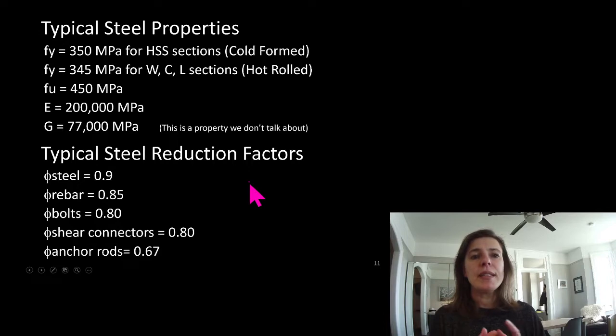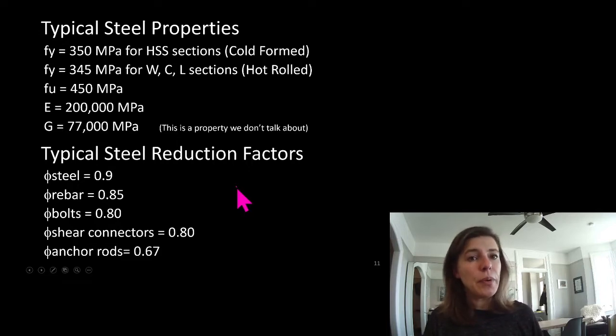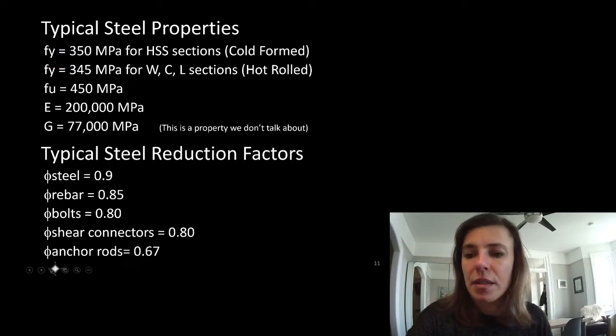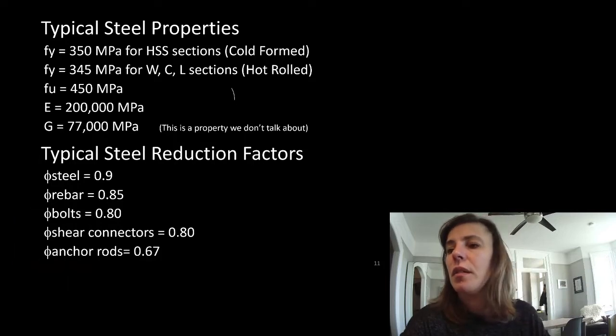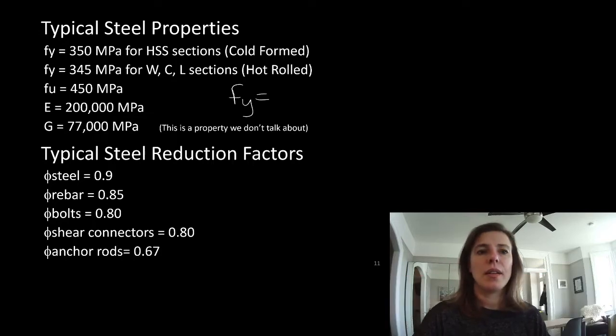So here is some steel properties. You should know these. I do include them in the appendix for the exam, but you should know these. Fy is just another way of writing stress. Okay, yeah, you can see me.